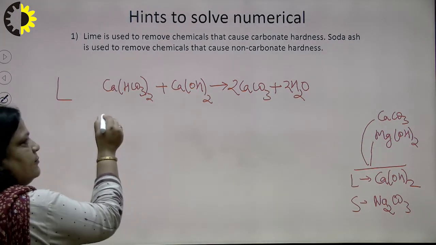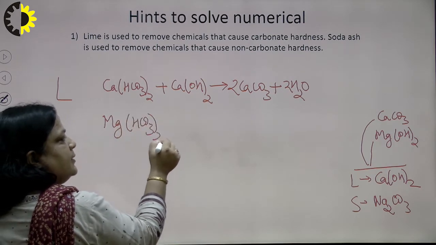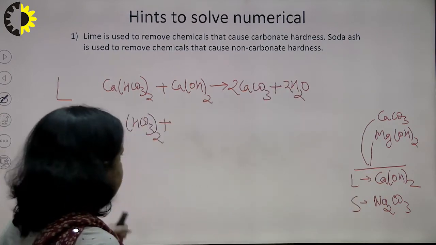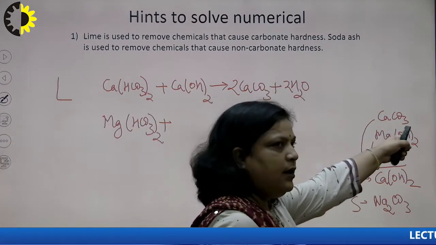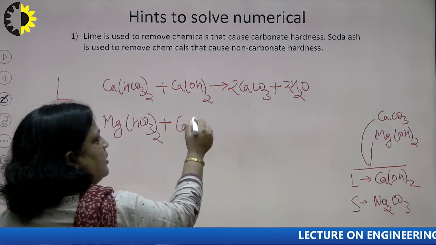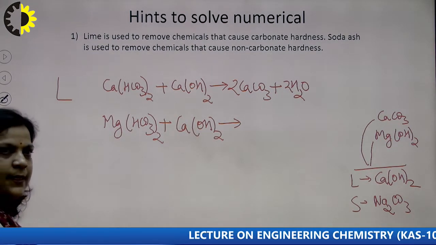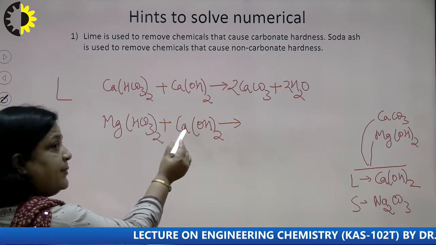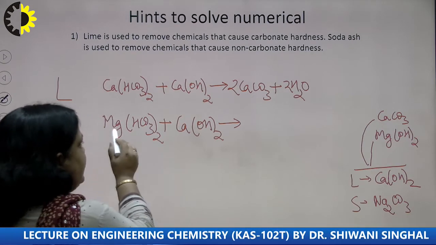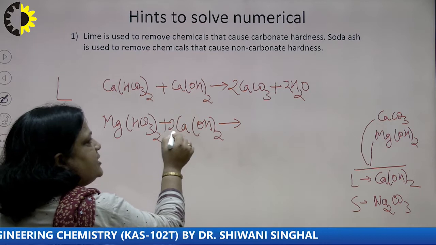Now if magnesium temporary hardness, that is magnesium bicarbonate, is present, we have the following hint: magnesium always gets precipitated with hydroxide and hydroxide comes with lime. So Ca(OH)2. Now calcium should be precipitated with carbonate and carbonate is here, so the reaction becomes easy, and magnesium with hydroxide, so the hydroxide is there. But there are two carbonate, so two calcium should be there.